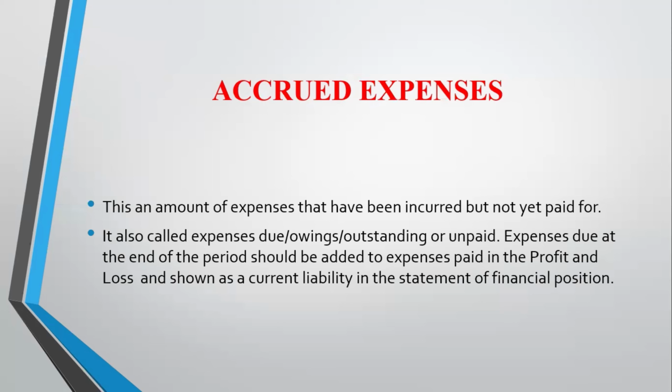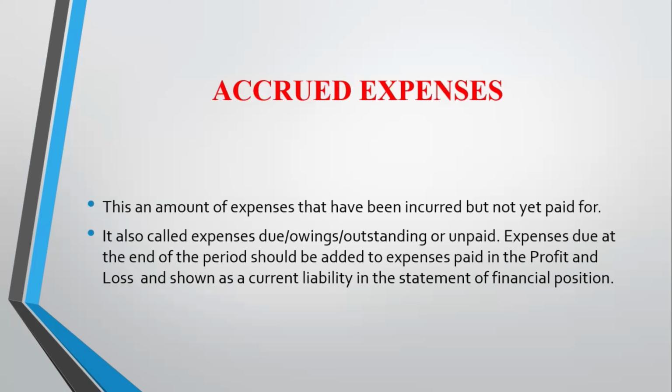Last year, for example, we were supposed to pay 1,000 Ghana cedis for insurance, and as at this year, we still haven't paid for that insurance. We call it accrued expenses. It can also be called expenses due, expenses owing, expenses outstanding, or expenses unpaid.